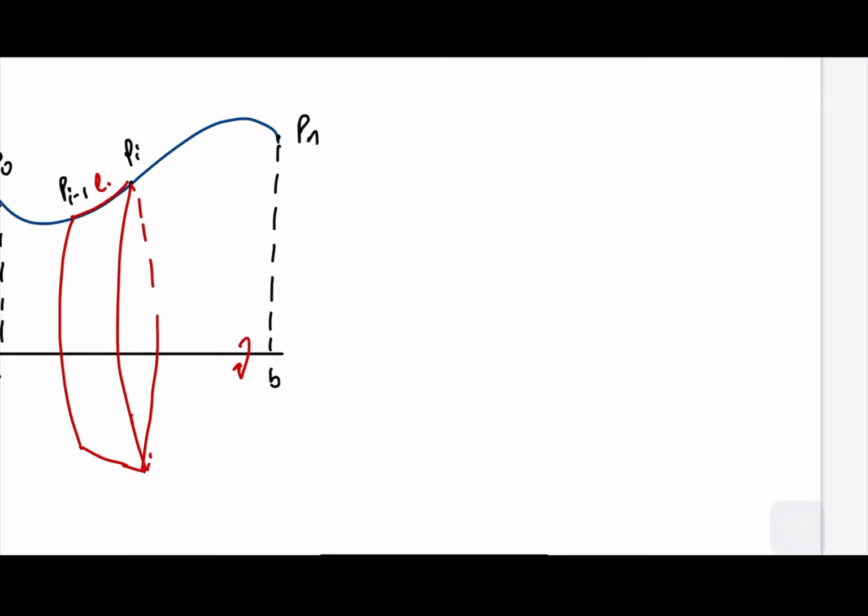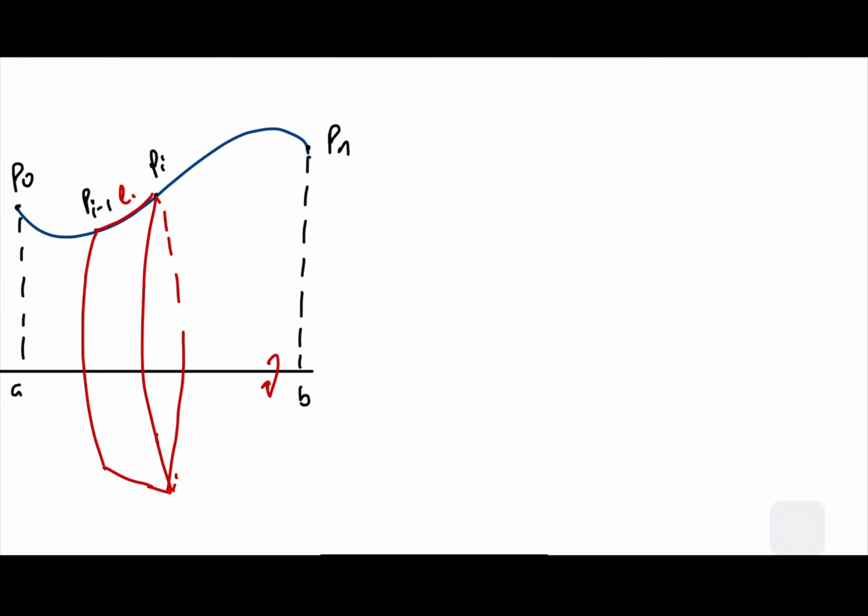It's similar to the arc length we have done before, and let L be the distance between P(i minus 1) and Pi, and the average radius of the function will be half. Let's take that as the average radius, which is going to be around here.